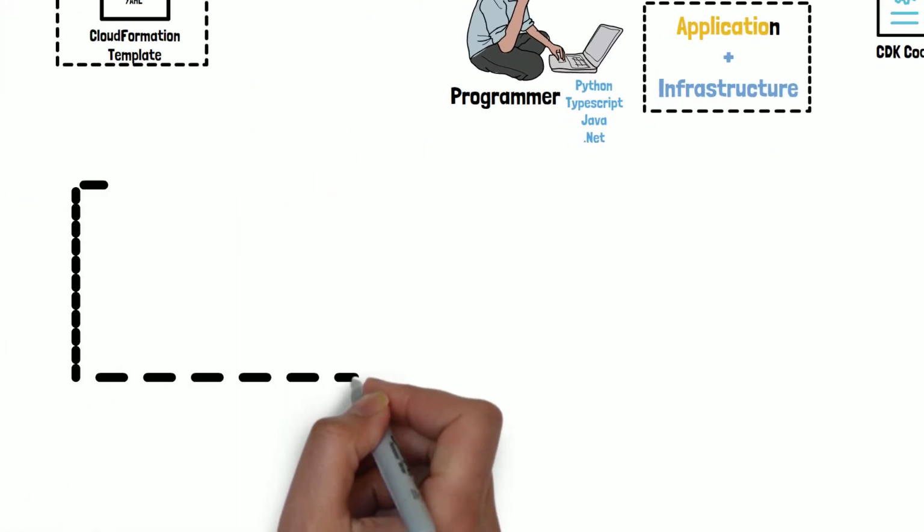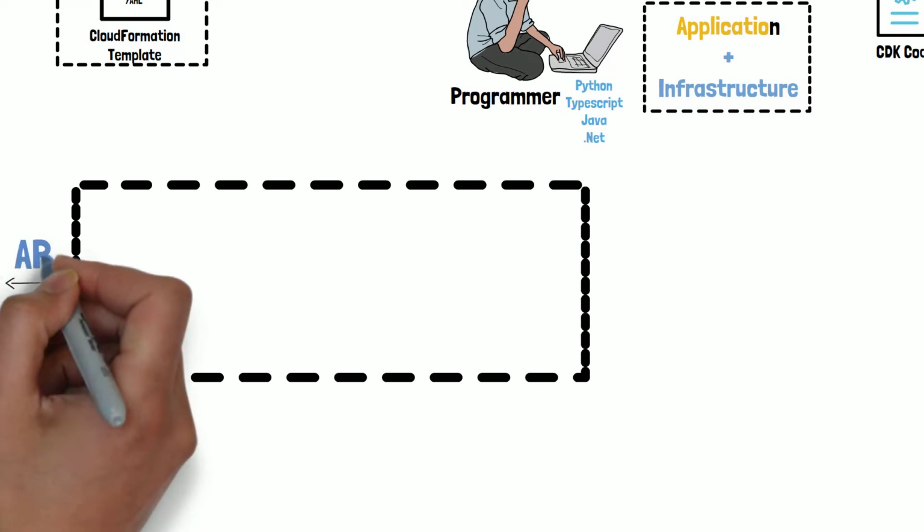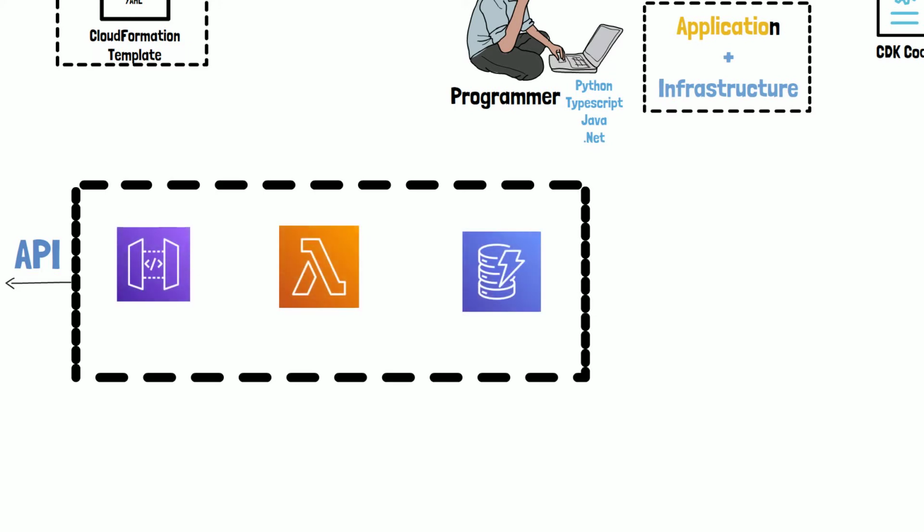For example, say you like to build an application that exposes a REST API and stores its data in DynamoDB. You can quickly assemble this application using API Gateway, Lambda, and DynamoDB.